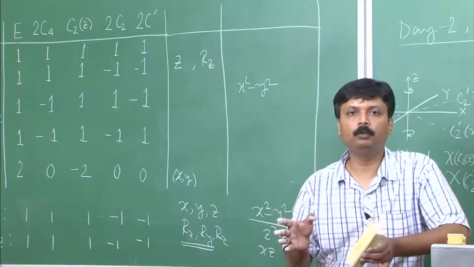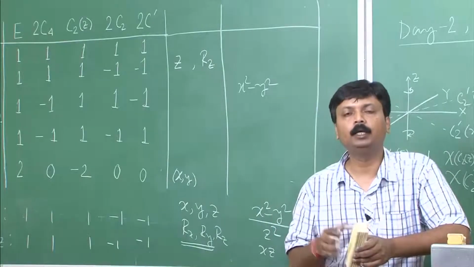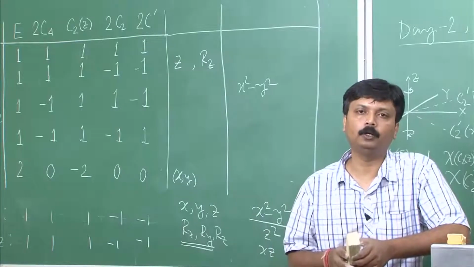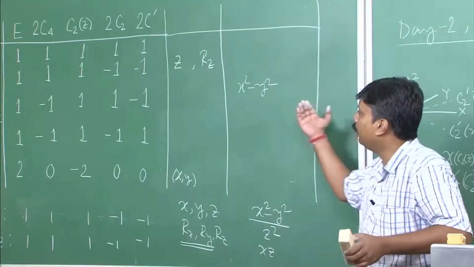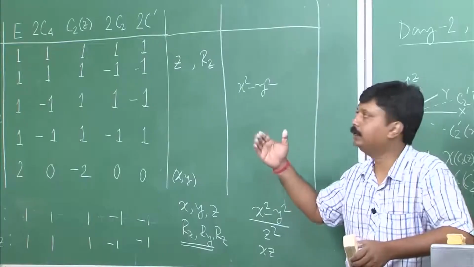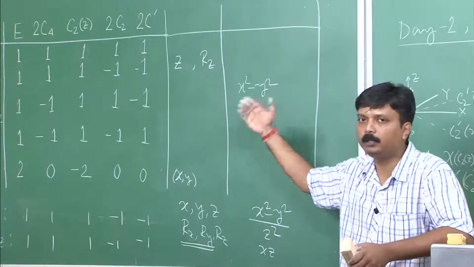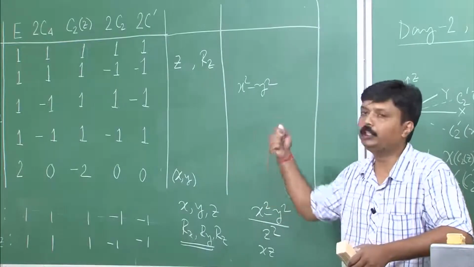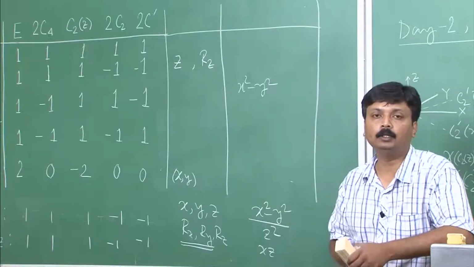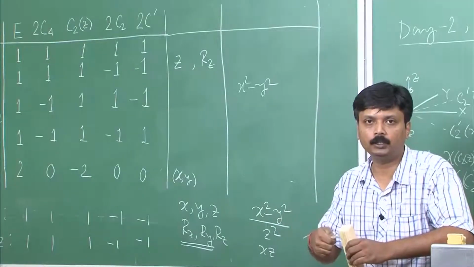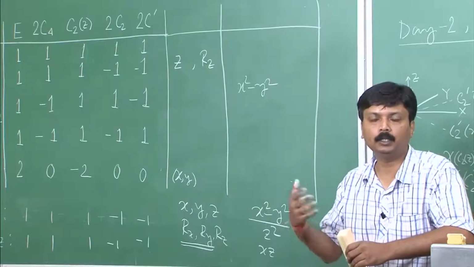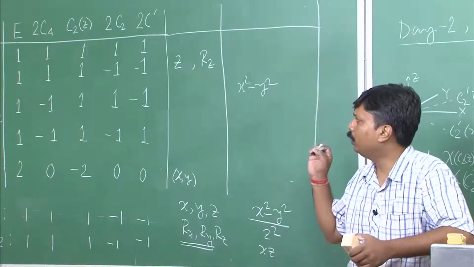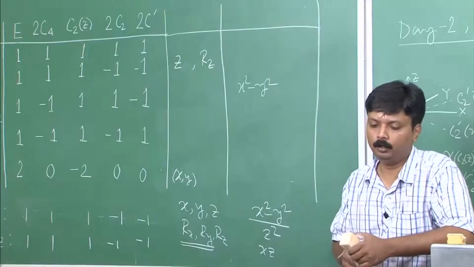Whatever molecule we are considering, we have to look at the character table of that particular point group, and then we can find out that this particular ligand transforms as this particular irreducible representation, and that information we will utilize later on, to see with which other ligand or which particular wave function it will combine, because every orbital is characterized by its own wave function, right? So those things we will start looking at from the next class onwards.